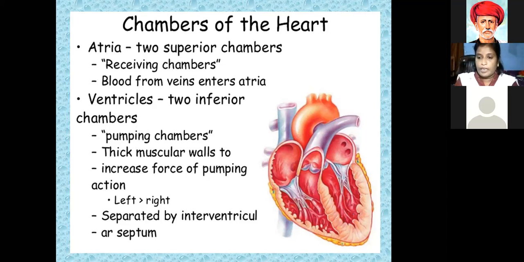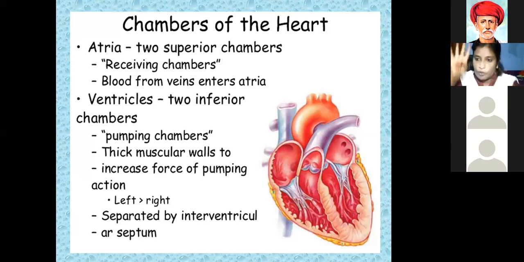Blood flows from the heart to all parts of the body and back to the heart. One kind of two chambers is receiving chambers, another two chambers are pumping chambers.